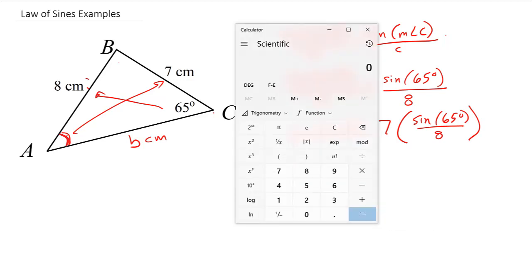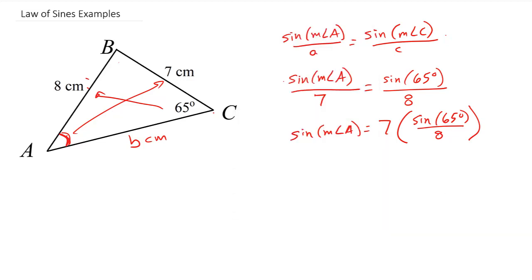So we use a calculator to figure out the sine of 65 degrees. We check we're in degree mode. We will do the sine of 65 degrees. We get 0.9063.